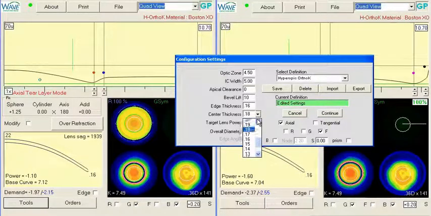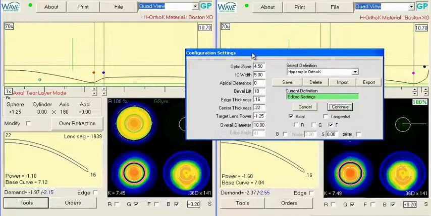I'm just going to try to duplicate most of your settings. And I would go for a target of about 2.1 since we're still undercorrected.